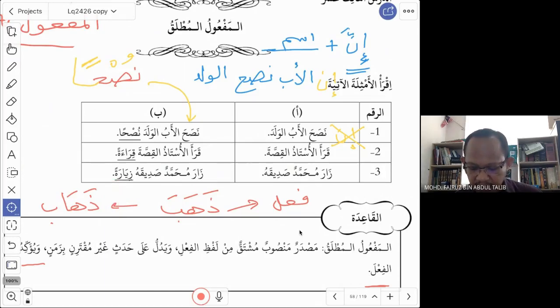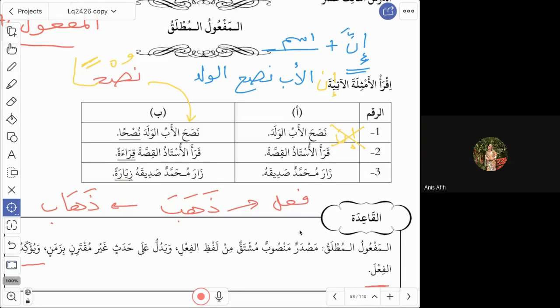So now you say Zara Muhammadun Sadiqahu ziyarah, and the last letter is always in the state of mansub, so you put a fathah. So you say ziyaratan. The meaning is Muhammad has indeed visited his friend. There is no need to translate this individual word, ziyaratan, qira'atan, or nushan. Any question?